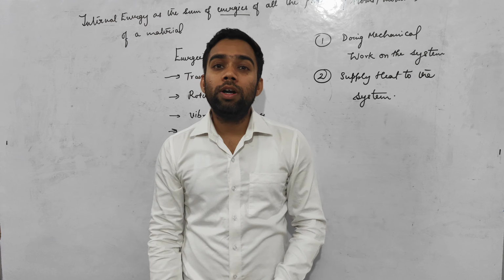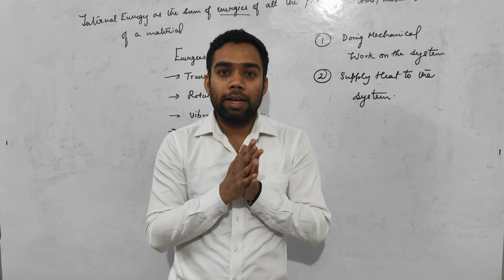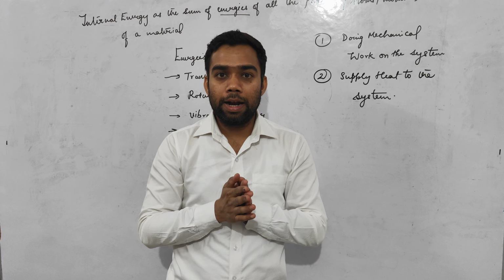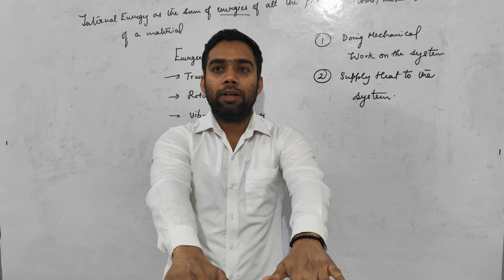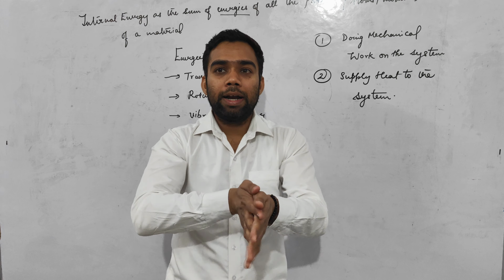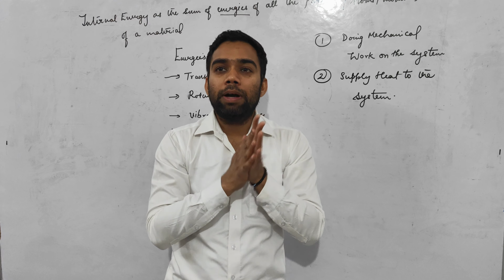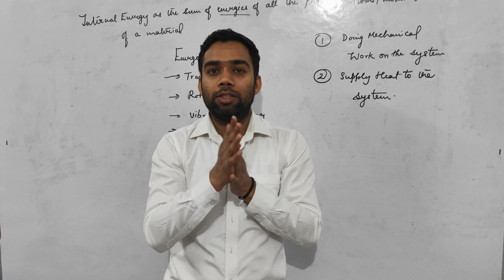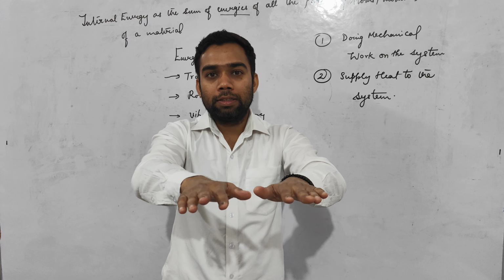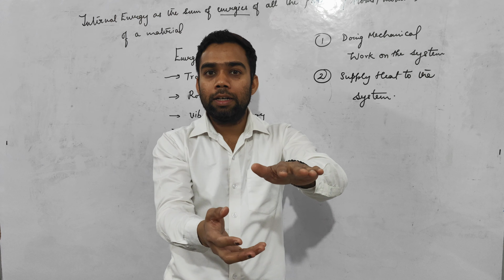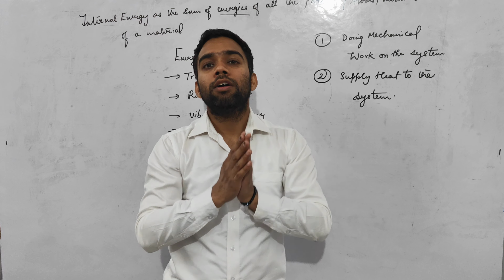Suppose on a cold winter day, I am rubbing my hands like this, and at the same time there is a heater in front of me, and I put my hand on the top of the heater while rubbing it. By rubbing, I am doing mechanical work which increases the internal energy of the skin molecules. But when I put it on the top of the heater, the heat from the heater reaches my hands, and it makes us feel warm.